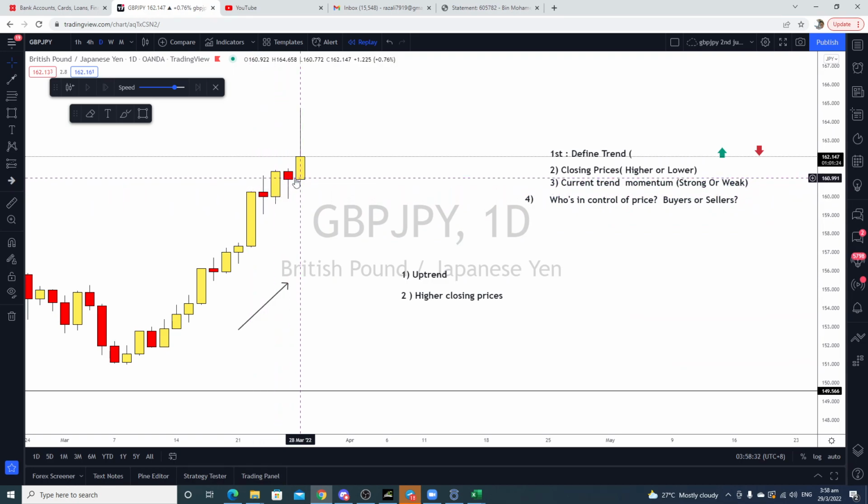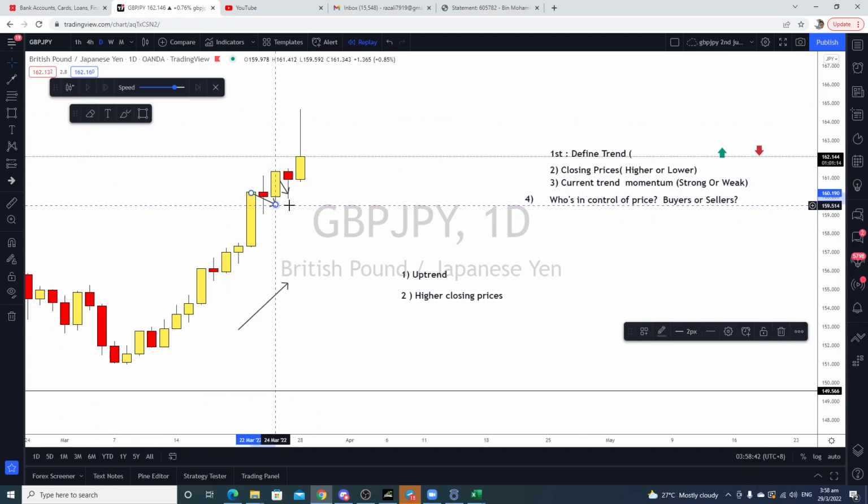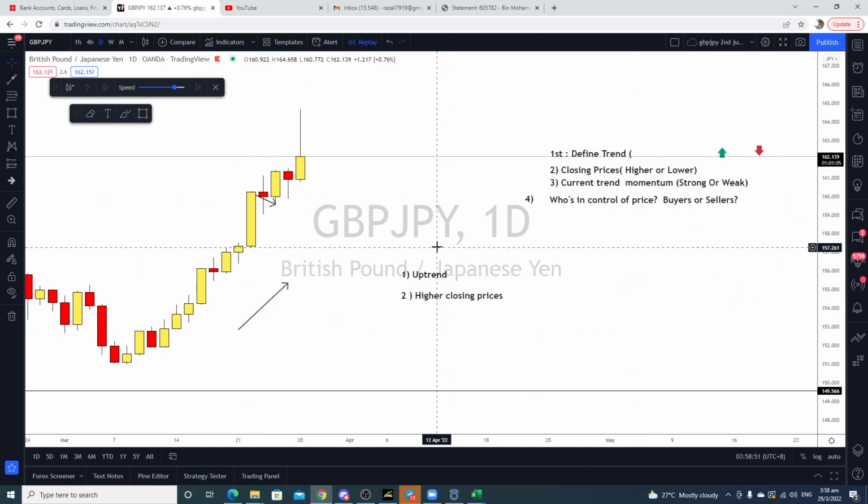But the momentum of the sellers is not strong as well. So that's why I say we should resist the urge to sell first.